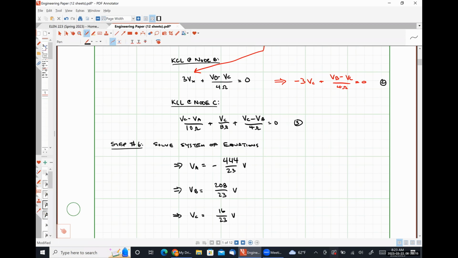Did anyone else get similar numbers when they solved the system? Good deal.